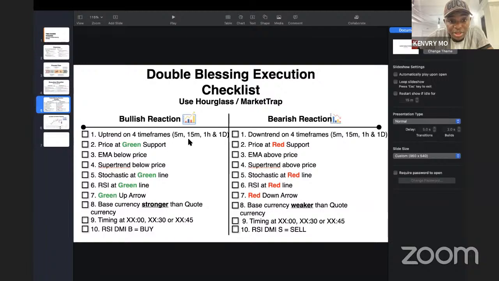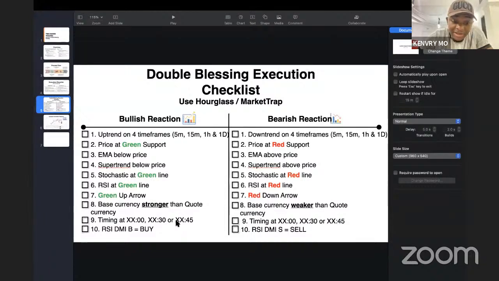If I'm looking at 5 minutes, 15 minutes, 1 hour, and daily, at least 3 should align before I take a trade. That is the priority: the trend of the market. The second thing is the sentiment of the market, which is number 8. That is primary priority. Then secondary priority is that I get my best trades on timing.